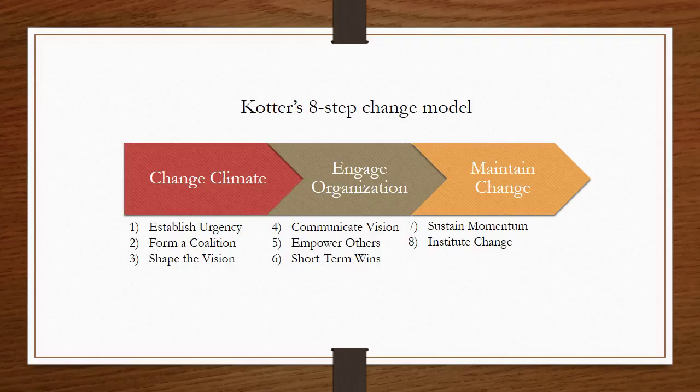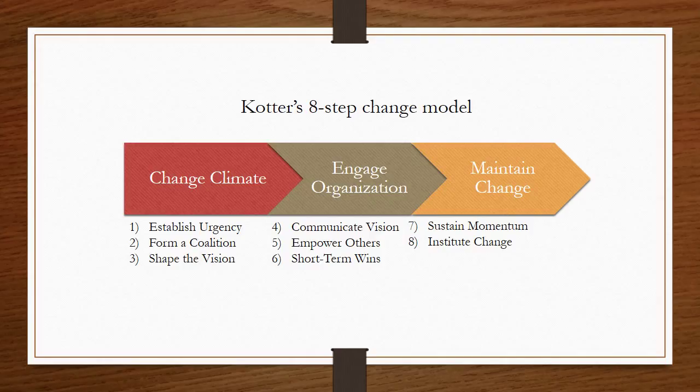So Kotter built his 1996 change model with the large hierarchical organization in mind. His eight-step change model has three parts to it. First, it's changing the climate. In this part, most of the effort is concentrated in developing the vision and assembling the right people and opportunity to push the vision forward.